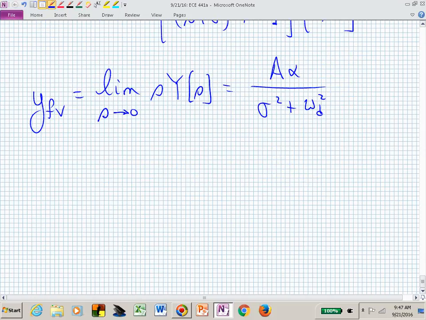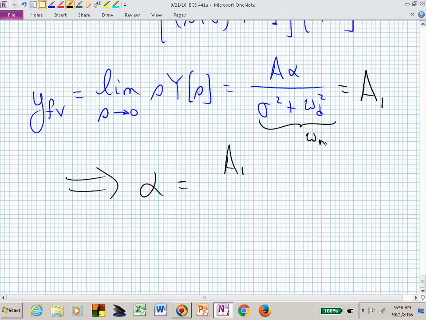And what were we calling y final value? That was the A sub 1. So now we have a relationship for alpha. We can solve that expression for alpha, and we have A1. And what's another way to write that expression? Do you see Pythagorean? This is a squared plus b squared equals c squared, where our c squared is the hypotenuse, and that's the natural frequency squared. This is omega sub n squared.